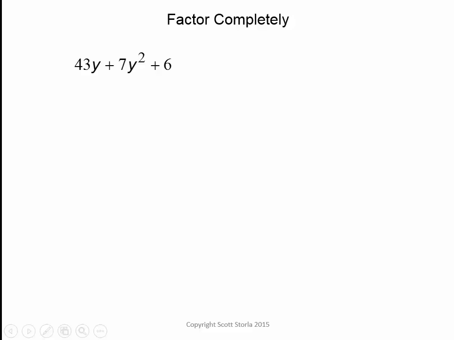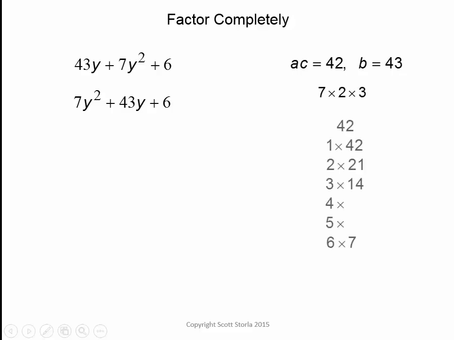Try this one. First, I'd write in standard form. AC would be 42, and B would be 43. Using my prime factored form, I'd generate my pairs, and find my pair is 1 times 42.